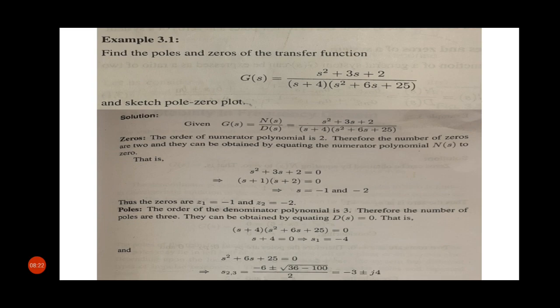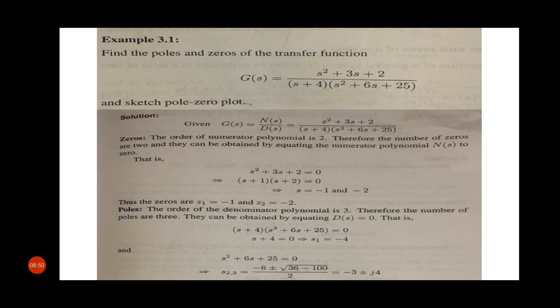See how we find the zeros and poles. The order of the numerator polynomial is 2, therefore the number of zeros is 2, and they can be obtained by equating the numerator polynomial N(s) to 0.